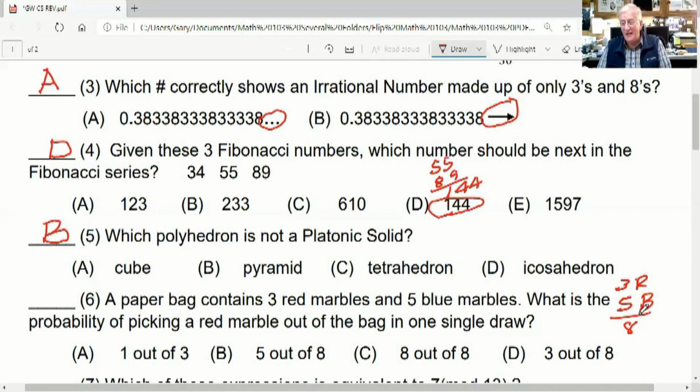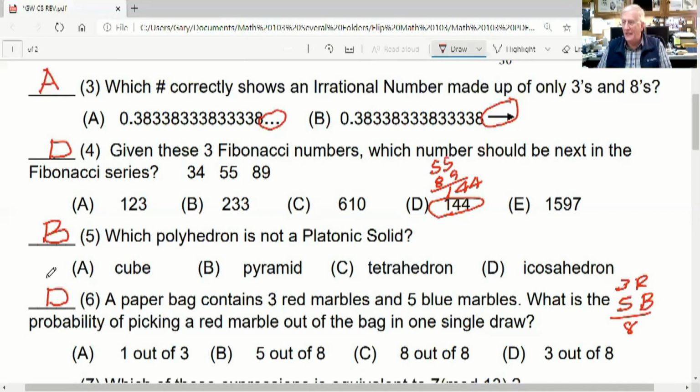Well, I'm sure you've had time to answer it. You know there are 3 red marbles in the bag out of a total of 8 marbles that are located in the bag. Therefore, there is a 3/8 probability that you could pick a red marble, which of course is choice D.